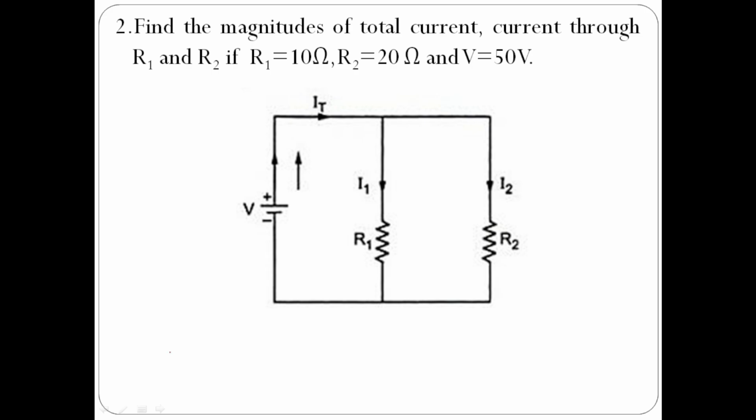According to that rule, if I want to determine the I1 current, I1 will be equal to total current IT into opposite resistance.